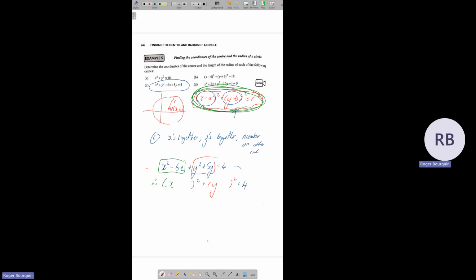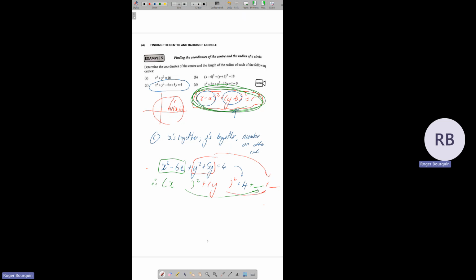I still have that 4 over there. But by forcing a number in, you're going to have to balance something because of this. You force a number in over there, and you're going to balance something else. So you're always going to have 2, and they're always going to be positive, because you balance something from that over here.